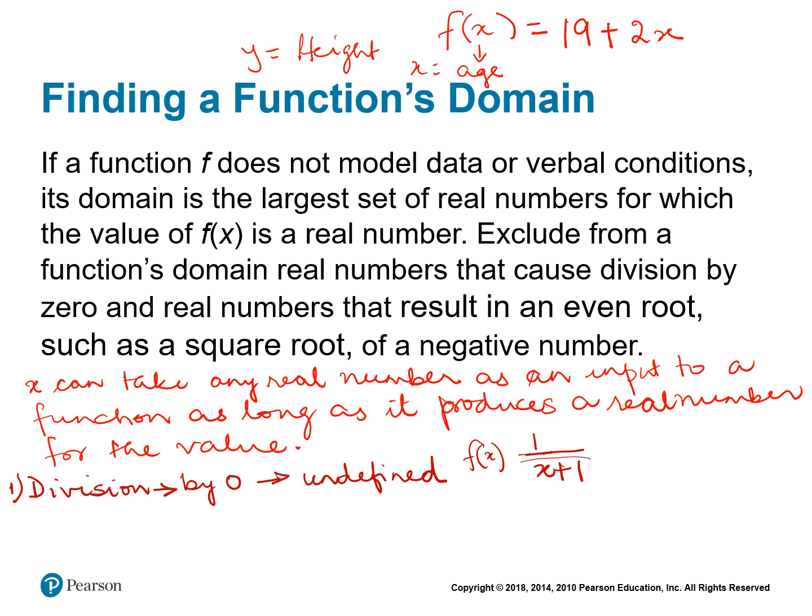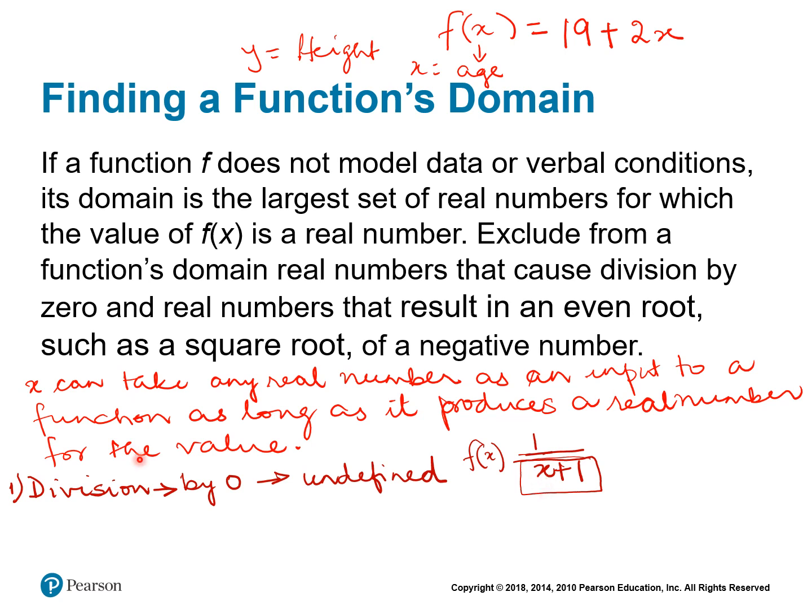We always have to remember that we cannot input a value of x which will make the denominator equal to 0, because 1 divided by 0 will not produce a real number for y. It will become an undefined number, so we have to make sure we exclude, in this case, -1. A value of -1 for x would make the denominator equal to 0, correct?